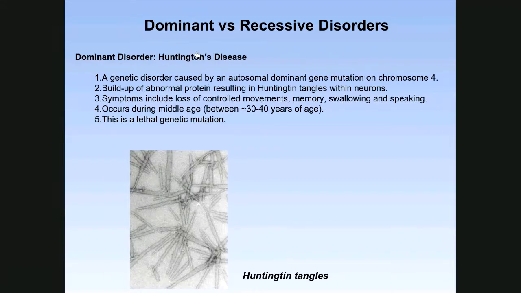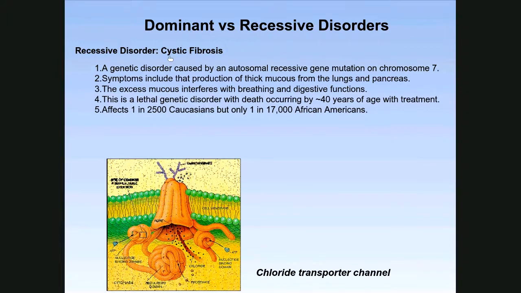Another disorder that you'll be filling out a Punnett square for is Huntington's disease. Okay, so let me backtrack here. For cystic fibrosis, I simply use an uppercase C or a lowercase c to represent the 2 alleles for cystic fibrosis. Okay, the dominant allele, the uppercase C, that's the normal allele. Therefore, if the offspring inherits just 1 uppercase C allele, they should be normal, but they might be a carrier.